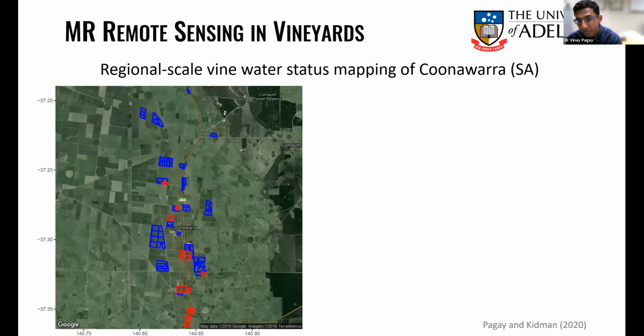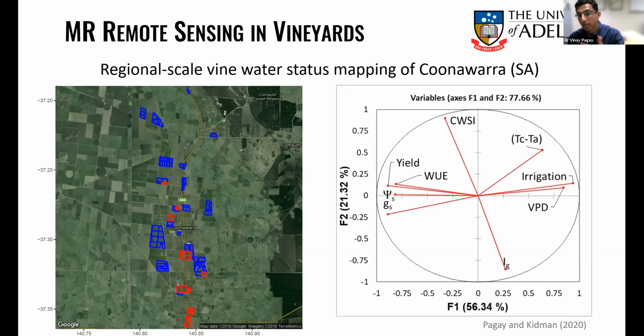So just again, a few case studies of how remote sensing can be used if you're considering remote sensing for your business. In this case, we did a study on a regional basis using a fixed wing aircraft and mapped the entire region of Coonawarra over several years. And from this thermal imaging of vineyards across Coonawarra, there were about 12 blocks. We extracted some very basic canopy temperature indices of stress.